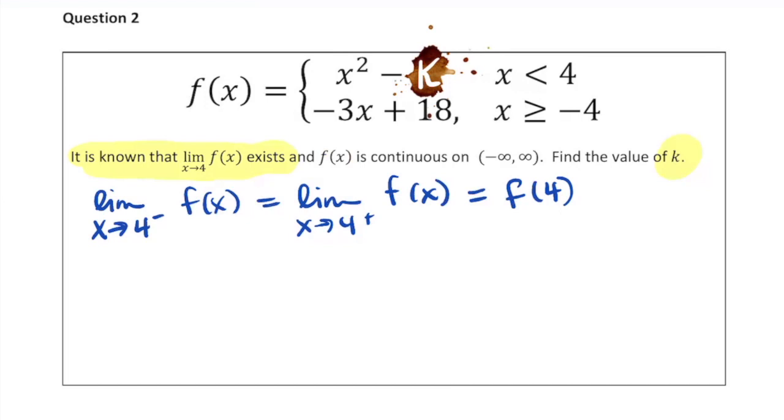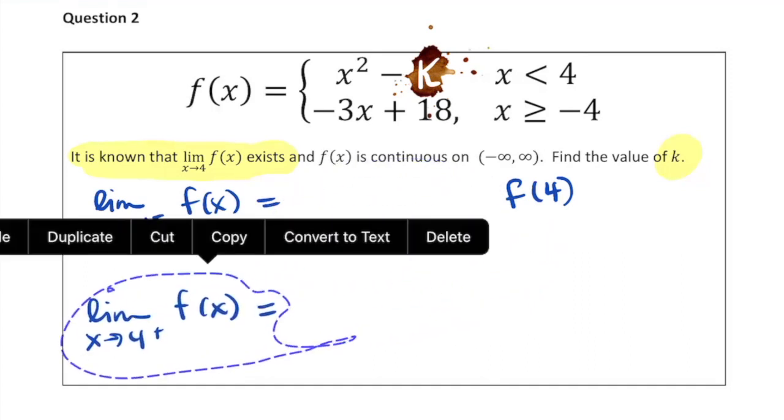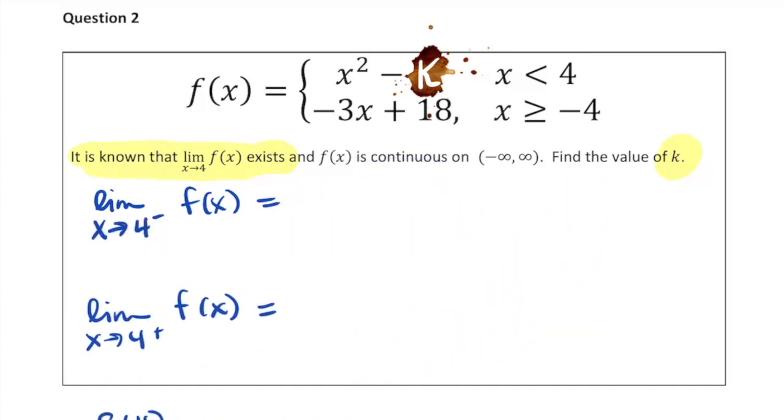And we know this to be true. This is what was given to us in the actual problem itself. So now we're going to work backwards to set up some sort of system of equations that will allow us to solve for this unknown constant. So let's play with the limits first. We'll come back to actually evaluating f of 4 in a moment.